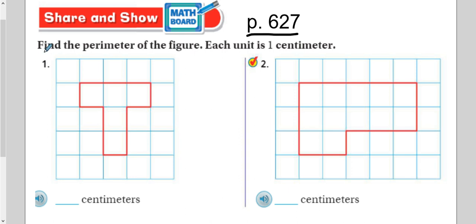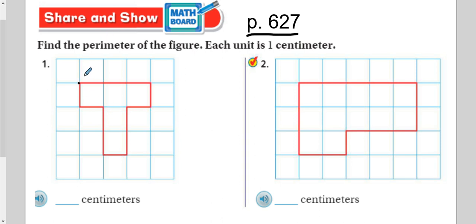So for number one, we're given this grid paper here, and we need to find the perimeter by, again, imagining that we have this ant that starts right here and then works its way all the way back around to where we started.